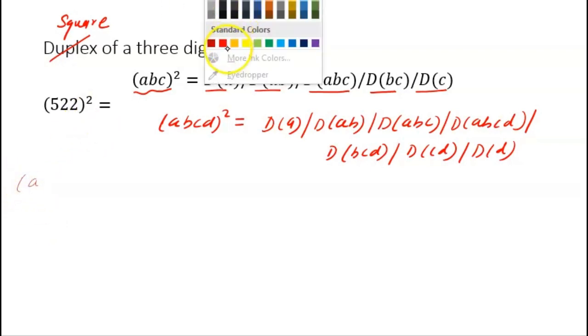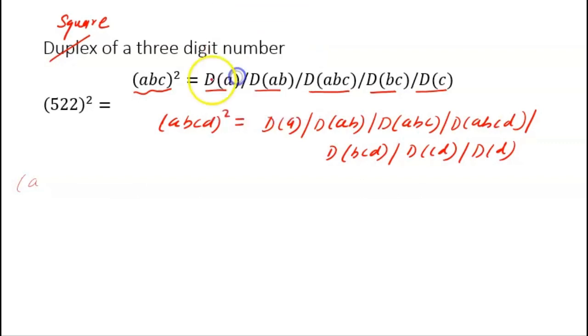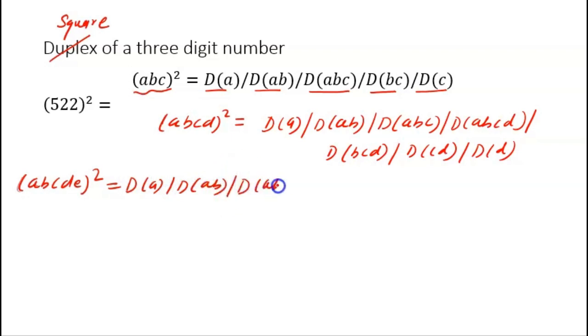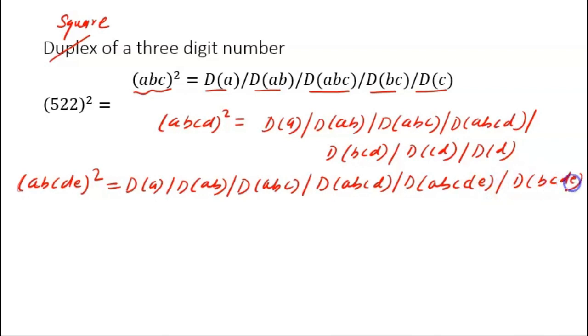So ABCDE square, ladies and gentlemen, it will be duplex of A, duplex of AB, then duplex of ABC, then duplex of ABCD, then duplex of ABCDE, and then duplex of BCDE, then duplex of CDE, and then duplex of DE, and finally the duplex of E.